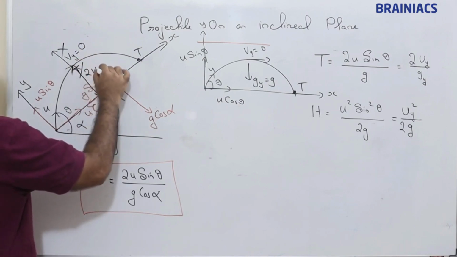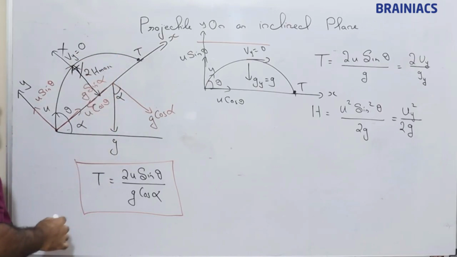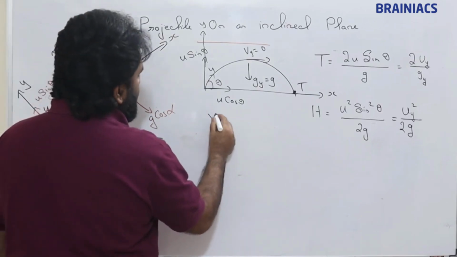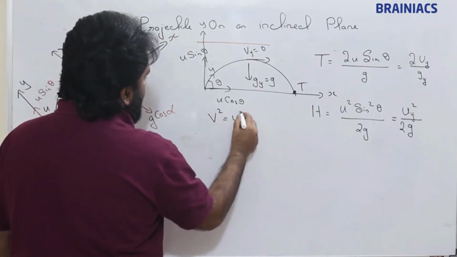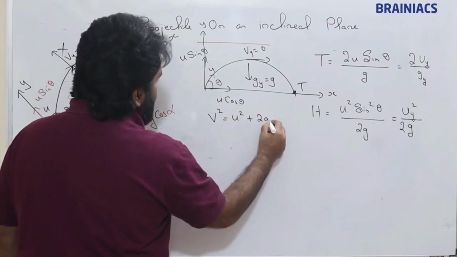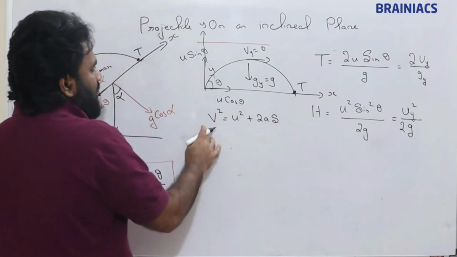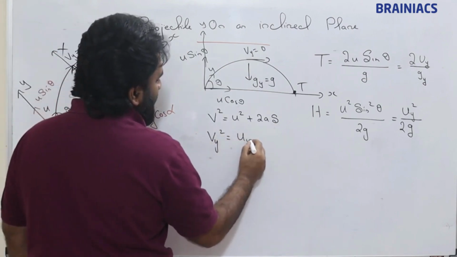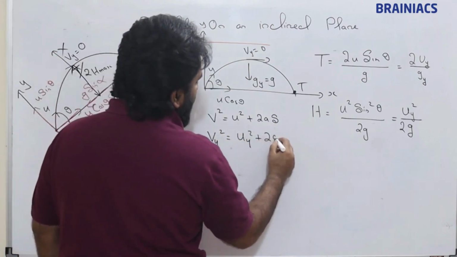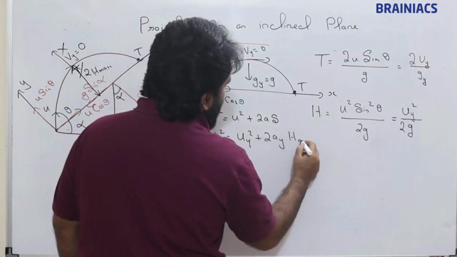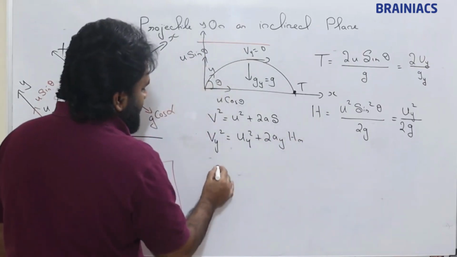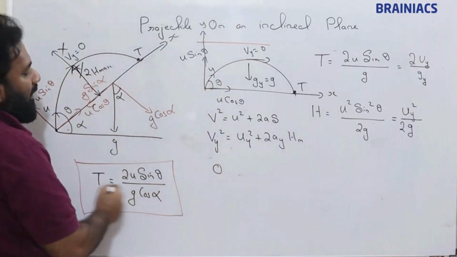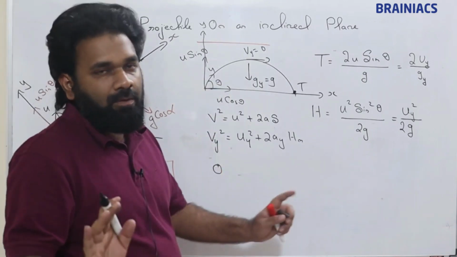Okay, h max. So again we will use the equation v square is equal to u square plus 2as. So at maximum height, vy square is equal to uy square plus 2ay into the maximum height. This is actually 0. At maximum height, the y component of velocity is 0.